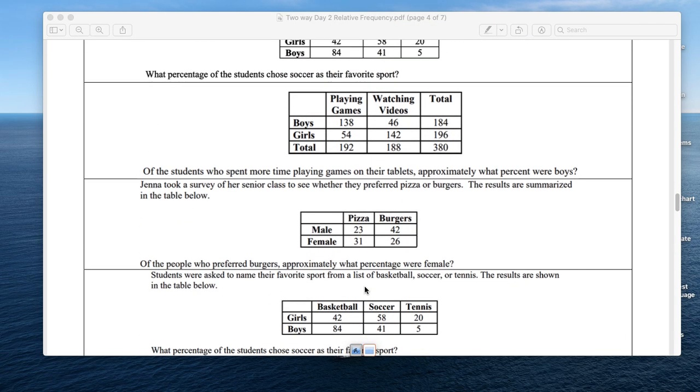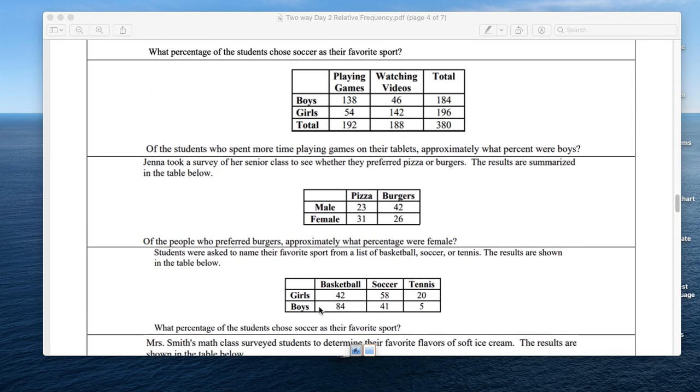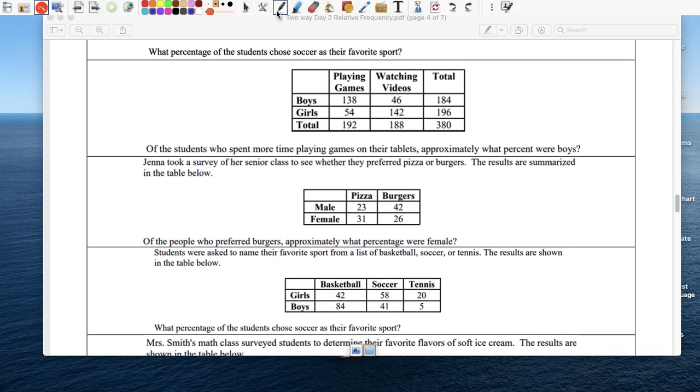Oh, thank God this has a total. The next two don't. Okay, so at least the tables are filled in. So the students who spend more time playing games on their tablet, approximately what percent were boys playing games under 10. So it's this right here. You should be focusing on this one. So the people who were playing games.